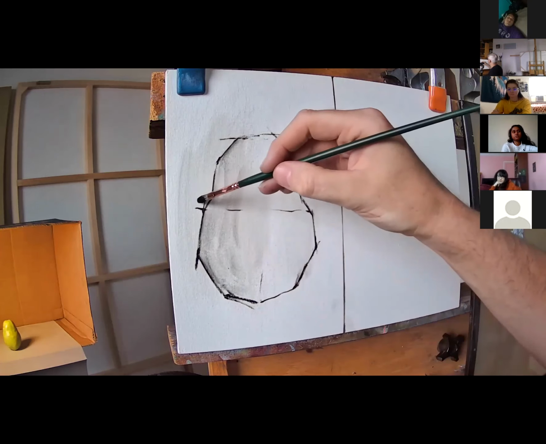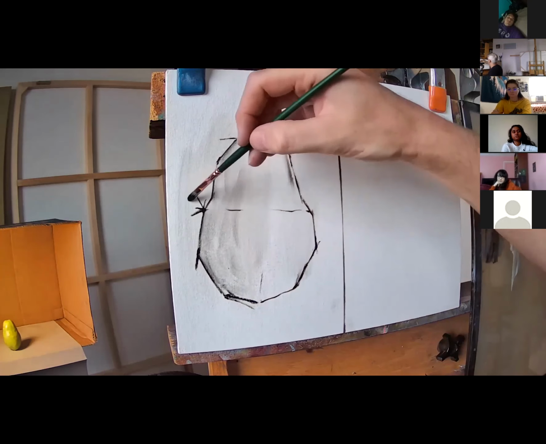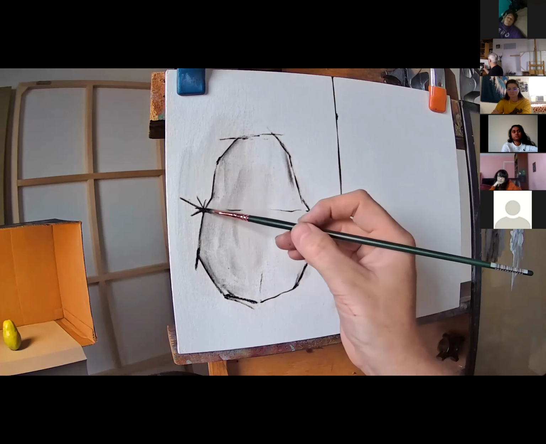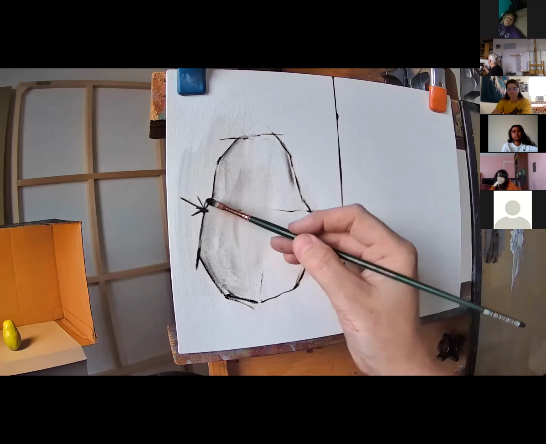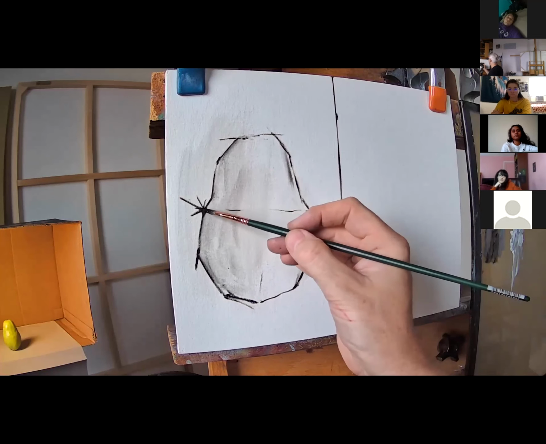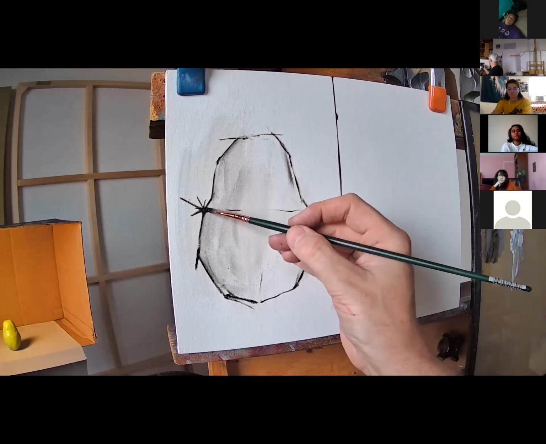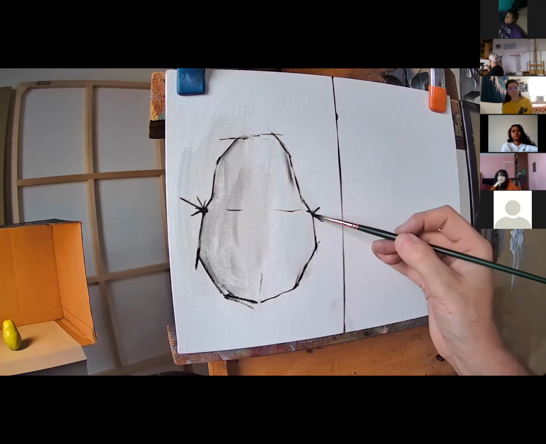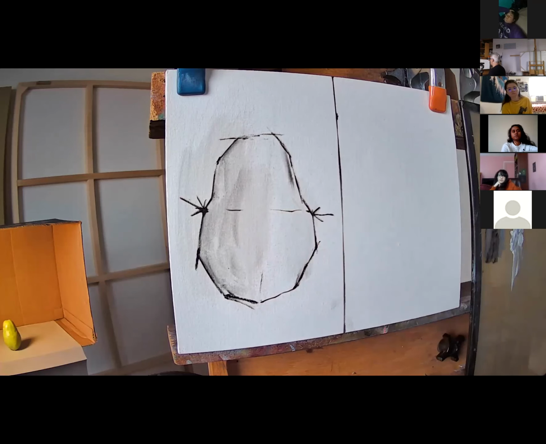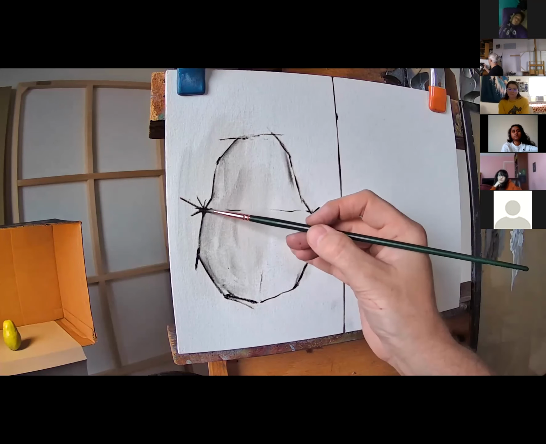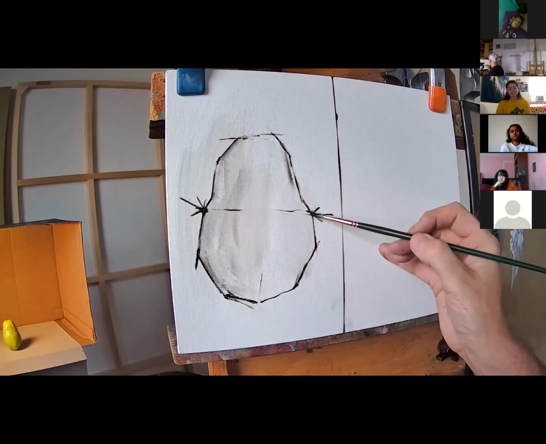The other thing that blocking in a straight line contour really helps with is that I can clearly make point-to-point, side-to-side angle comparisons. So how high should the shoulder on this swelling of the contour be compared to the height of that corresponding swelling on the other side of that pear? So this swelling is higher than this swelling.